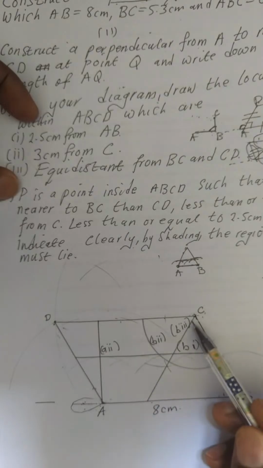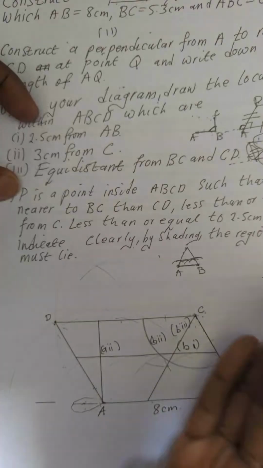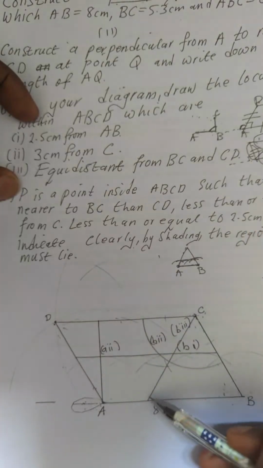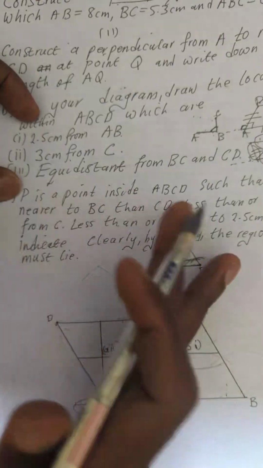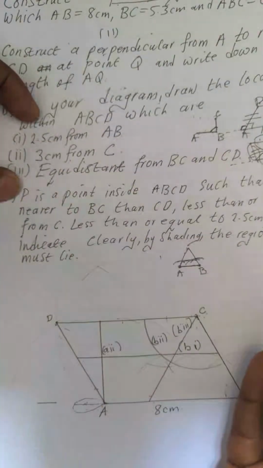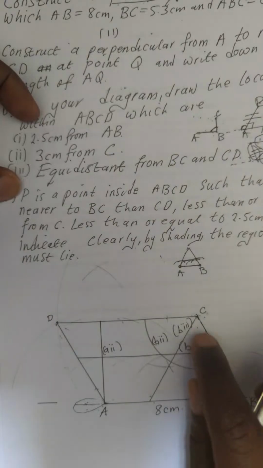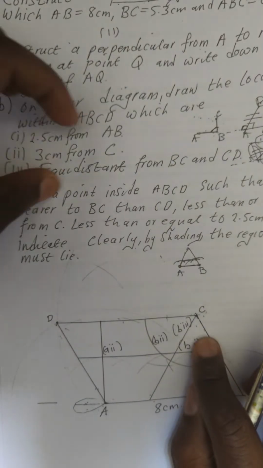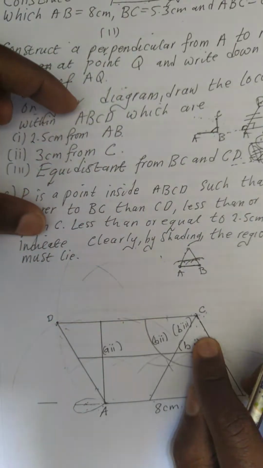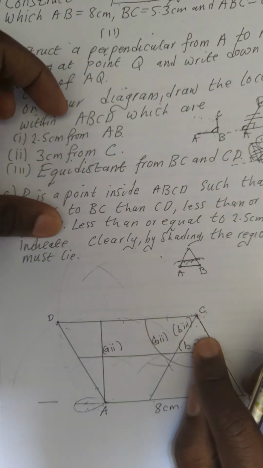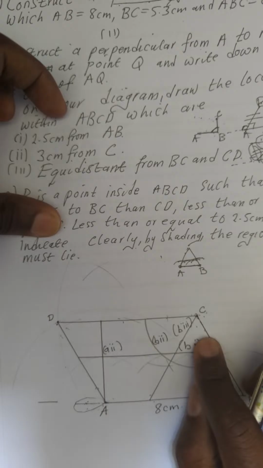So the point we're looking for should be on this side, because CD is this side and BC is this side. So it should be somewhere here. Then again, it is less than or equal to 3 centimeters from C.